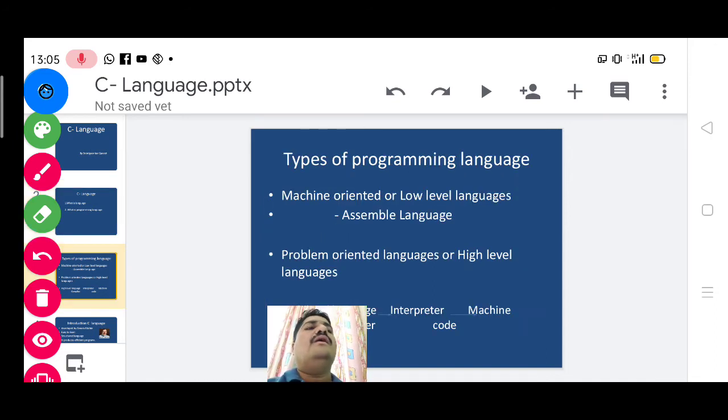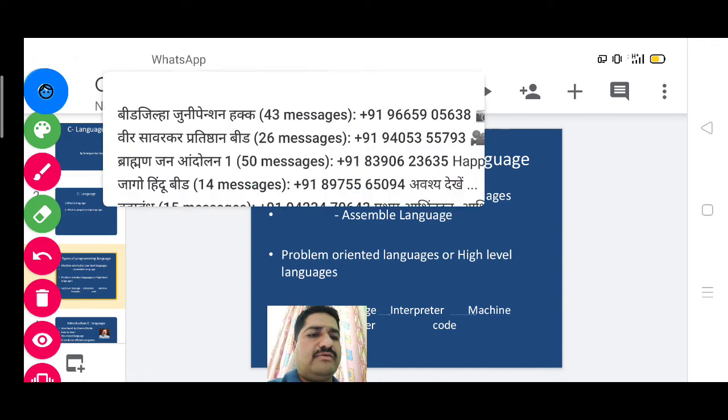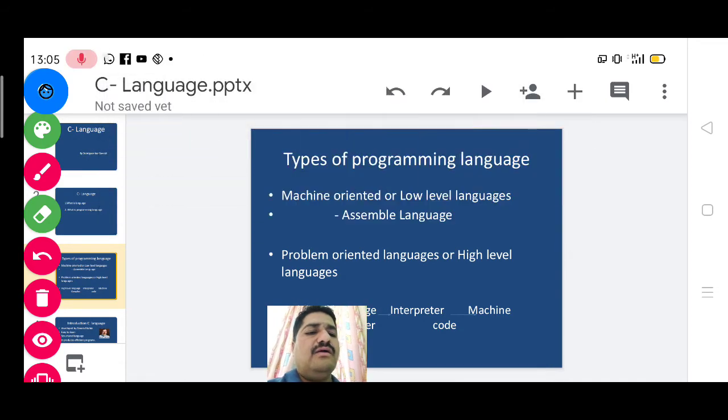Then the next, types of programming language. There are different programming languages, and all programming languages can be divided into two categories. First is machine oriented or low level language, and the second is problem oriented language, that's called a high level language.